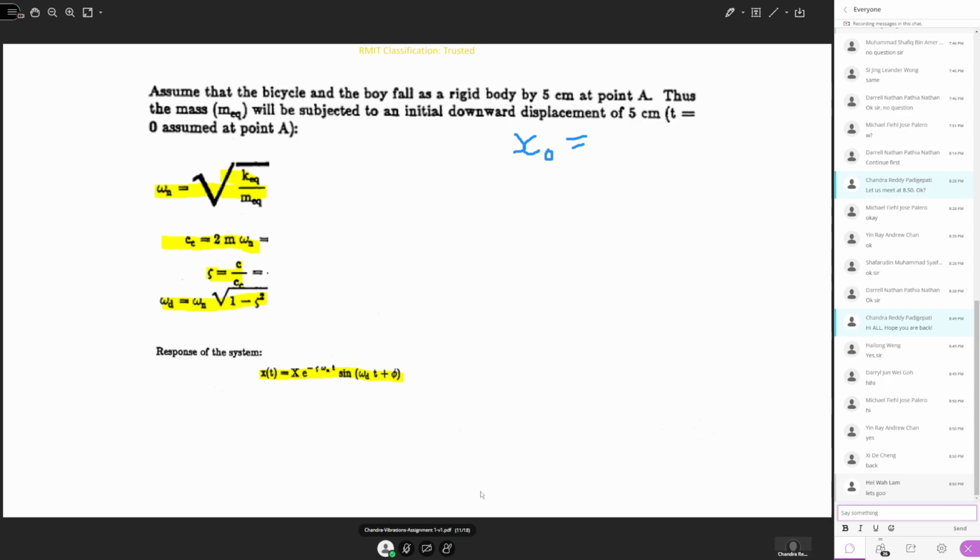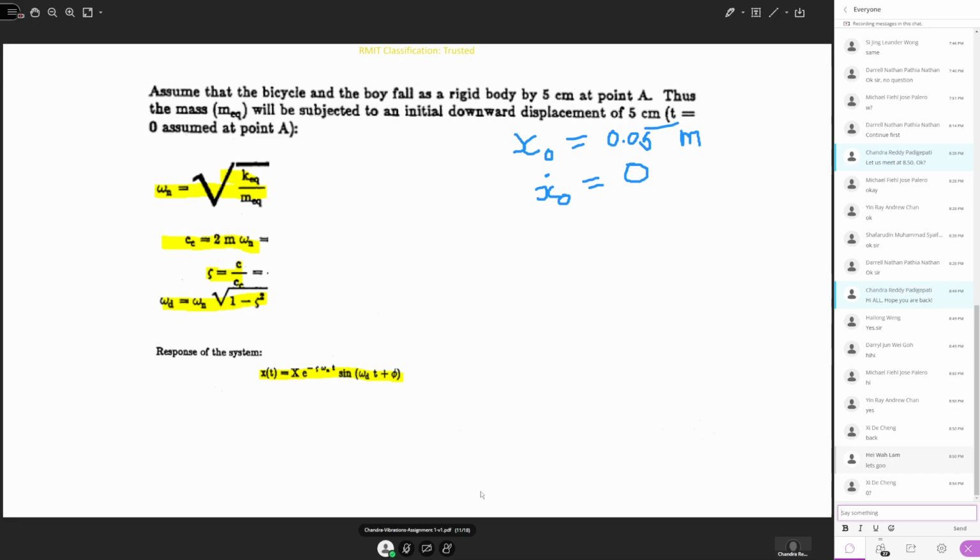So you can write it as 0.05 meters at point A. So at point A, x naught is 0.05. So what will be the velocity at point A? Guys, anyone, what will be the velocity at point A? Yes, correct, Richeng. So the velocity will be 0 because displacement is constant, so velocity is 0.